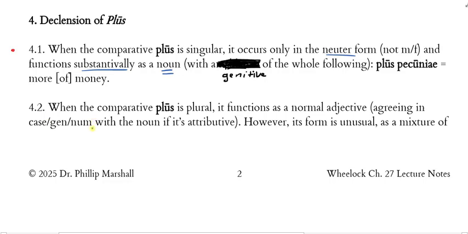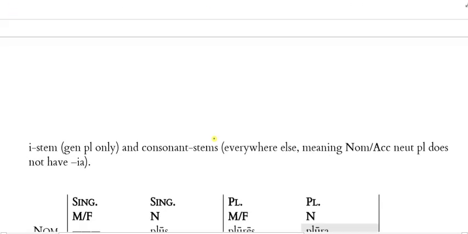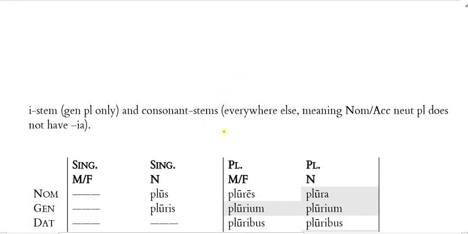Now, when the comparative plus is plural, not singular, it does function as a normal adjective and occurs in masculine, feminine, neuter. As a normal adjective, it's going to agree in case, gender, number with the noun if it's an attributive adjective. However, its form is unusual here as a mixture of I stem and consonant stems.